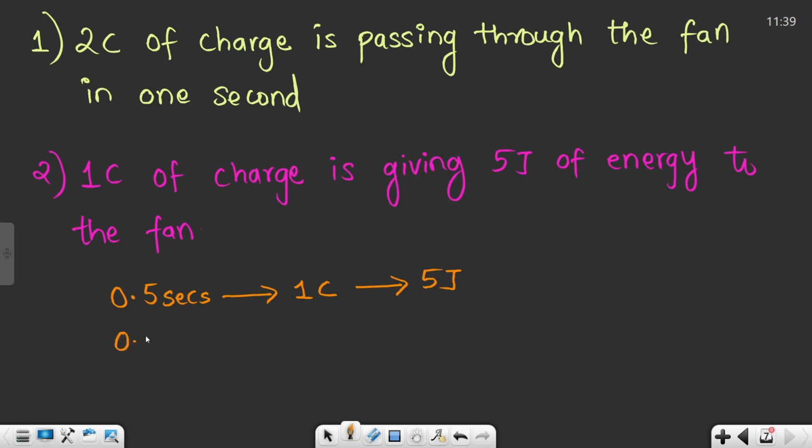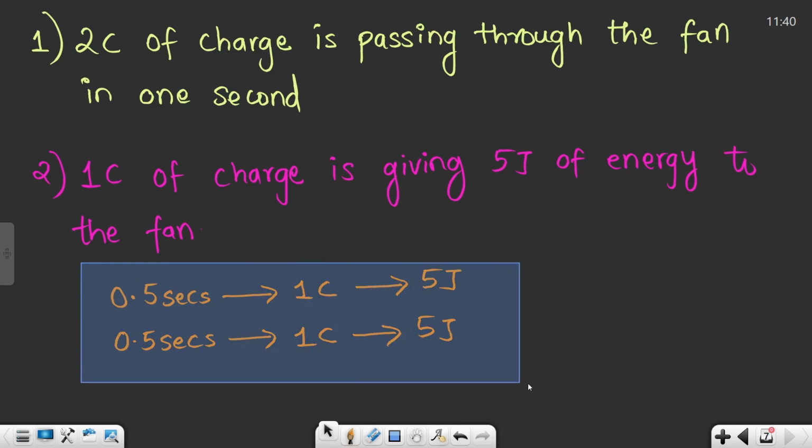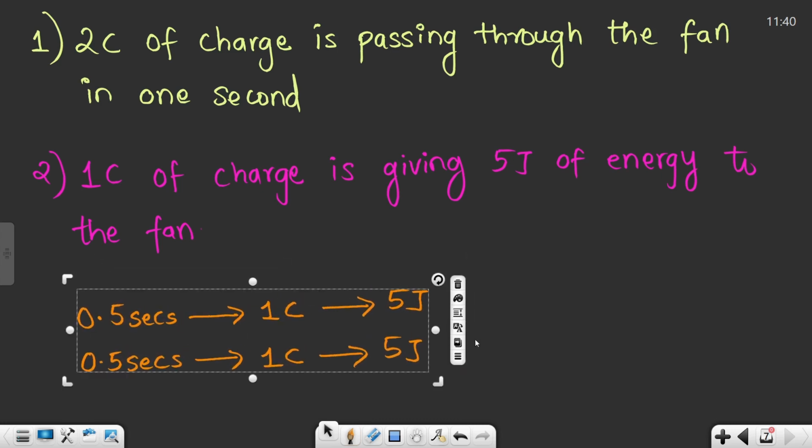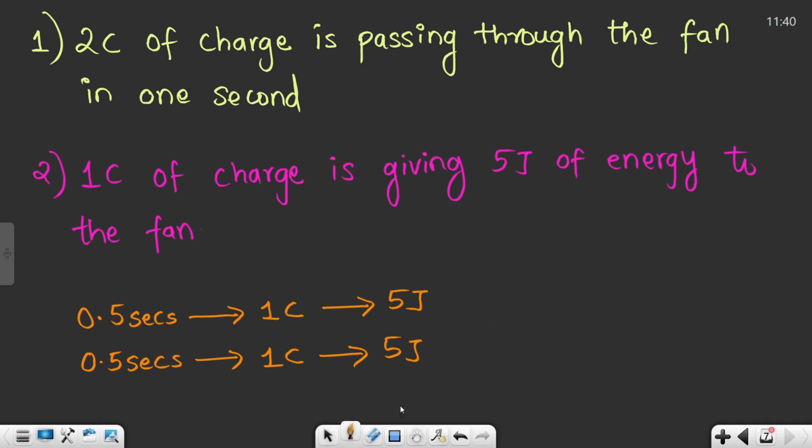In the next 0.5 seconds, another set of 1 coulomb of charge comes, and they lose 5 joule of energy. So in all, how many coulomb of charge came in 1 second? This is a very, very important point. In all, in 1 second, total 2 coulomb of charge came.